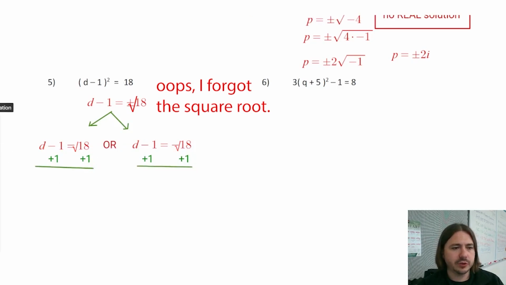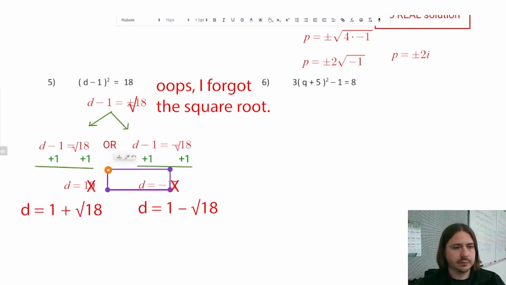And we'll get our two solutions here, which are going to be d equals 19, because 18 plus 1 is 19, or -17. And there's the solution set for number 5.